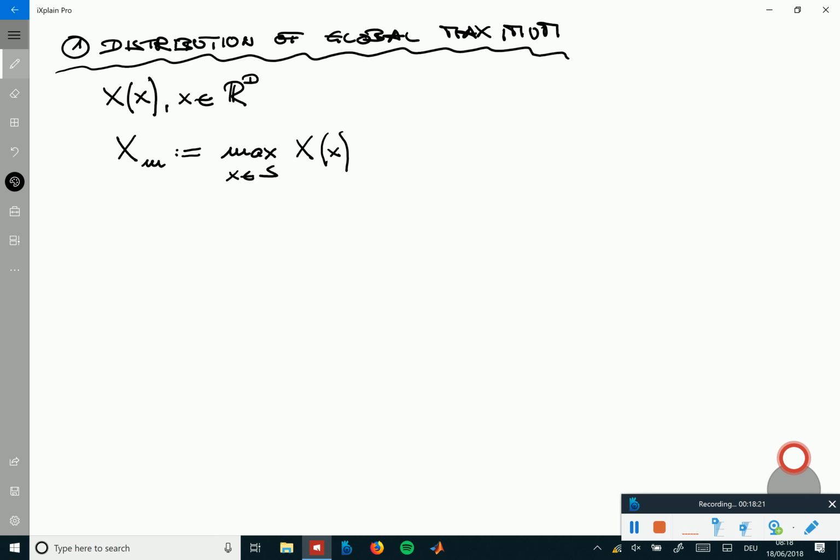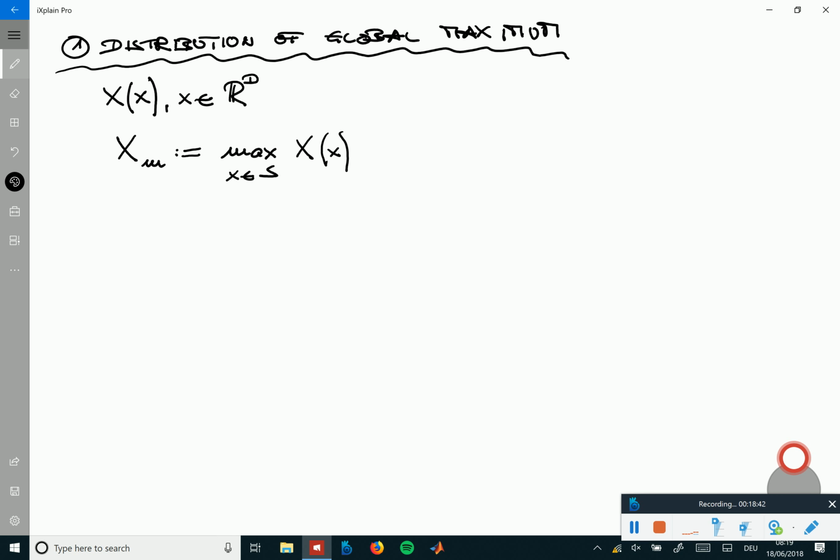So of course you need to appreciate that this thing here is random, so that if you take the maximum of something that is random, you get something, of course, if you have a given realization. But if you obtain multiple realizations of the thing and then get the maximum, also this will be random. Yeah.